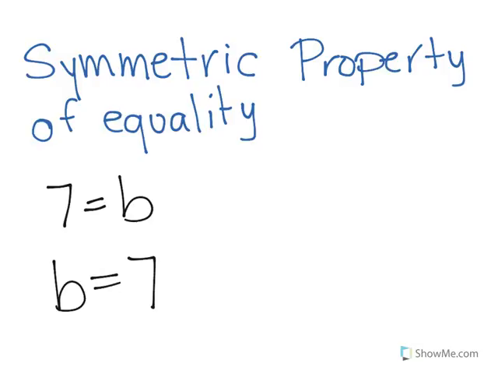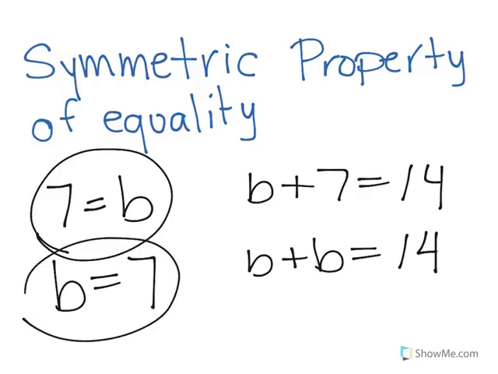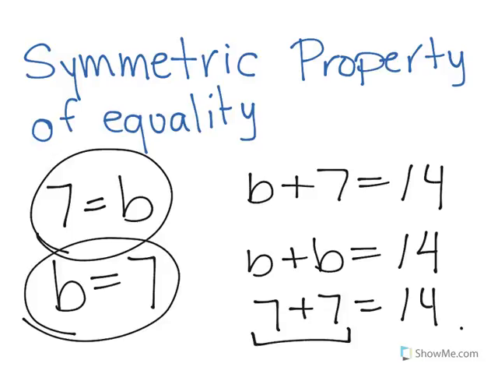So, for example, if we have an equation like B plus 7 is equal to 14, and they tell you that 7 is equal to B, we could rewrite this as B plus B is equal to 14. But we could also rewrite this as 7 plus 7 is equal to 14. So we are using here the symmetric property.